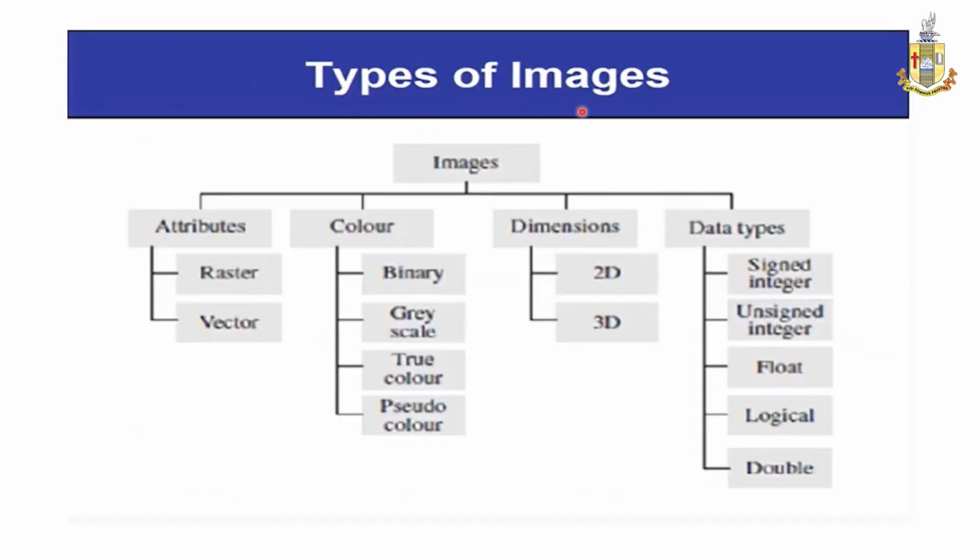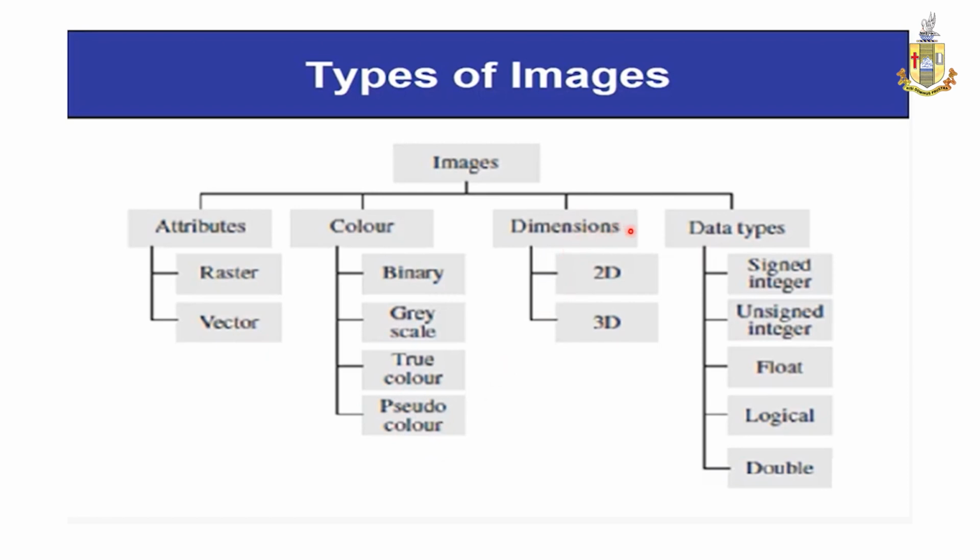There are various types of images available. Images are classified based on attributes, color, dimensions, and data types. So based on attributes, you can classify it into raster image and vector image. Based on color, you may have a binary image, grayscale image, true color, and pseudo color image.